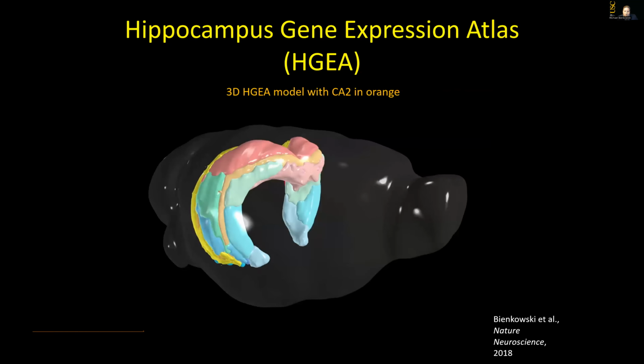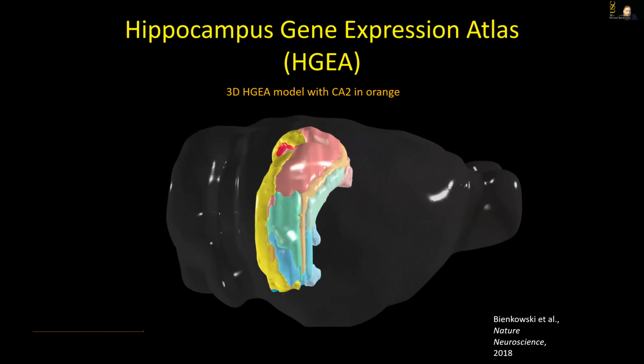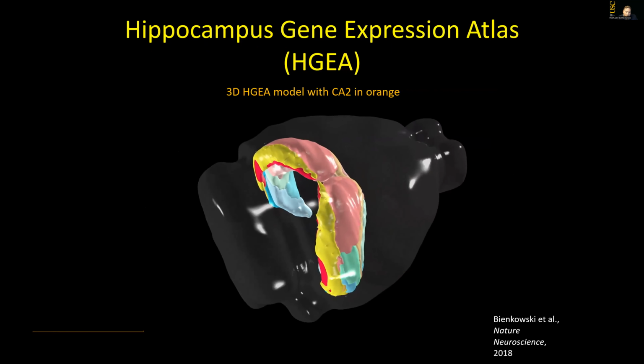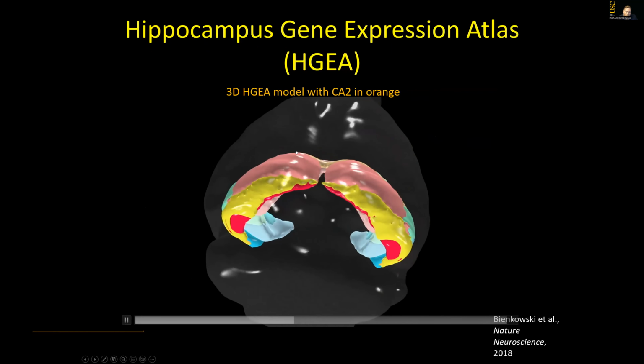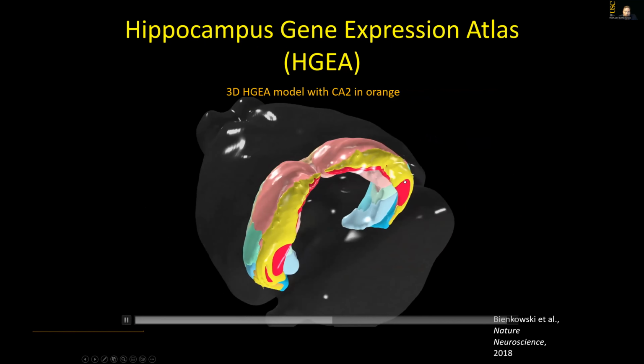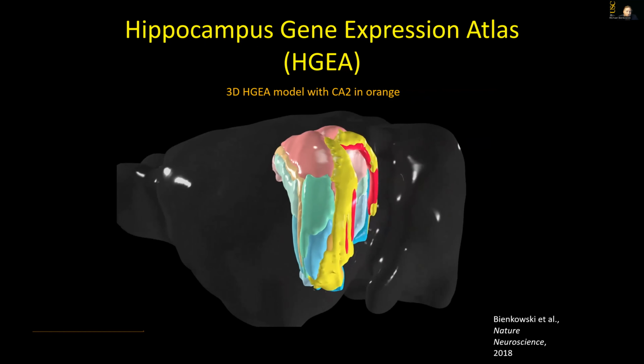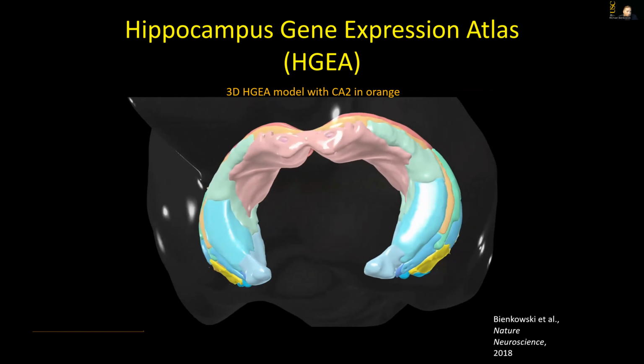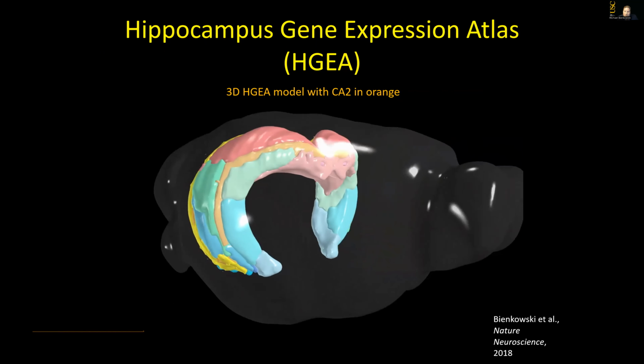This allowed us to put together a 3D model of the mouse hippocampus. What I want to point out here is that CA2 is that thin orange area in the front. Even though in coronal sections it often looks small, it's very obvious in the 3D model how long it really is, how far it extends.